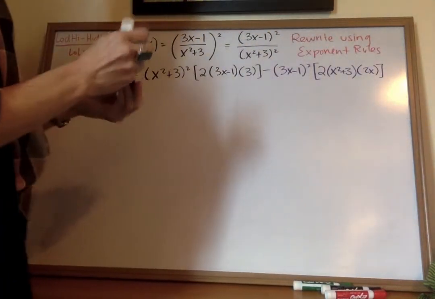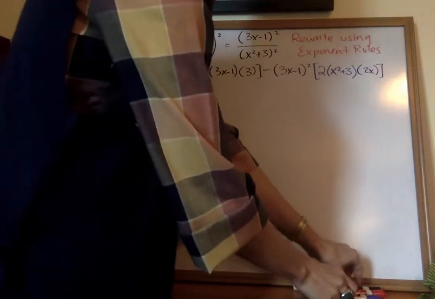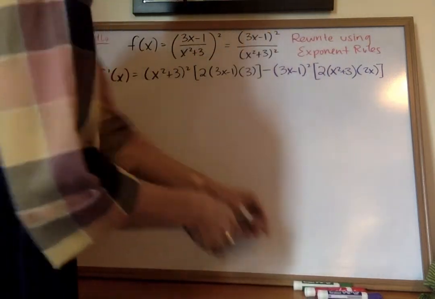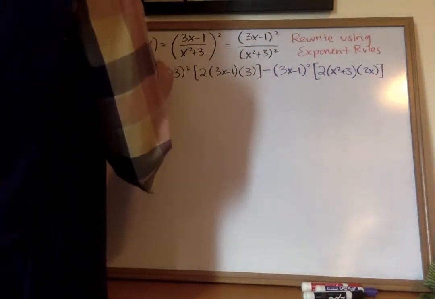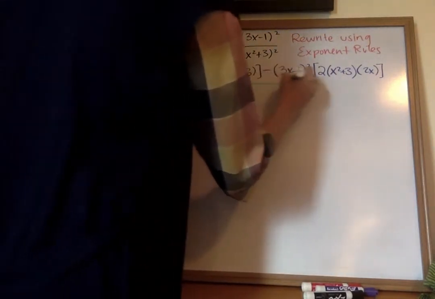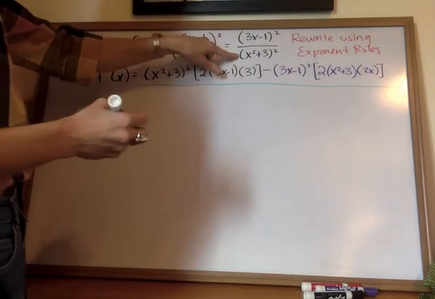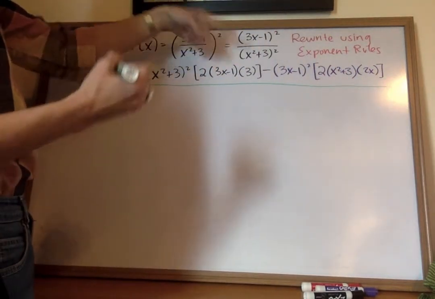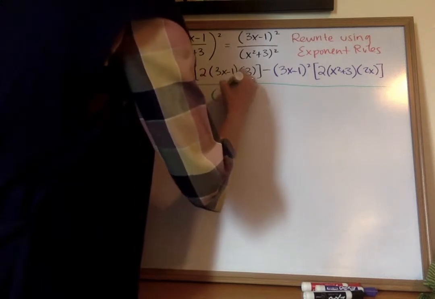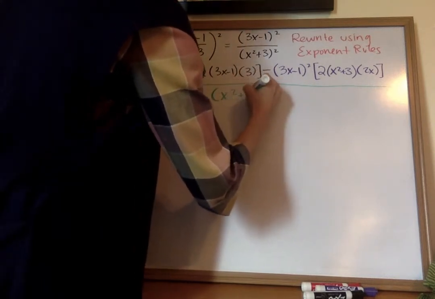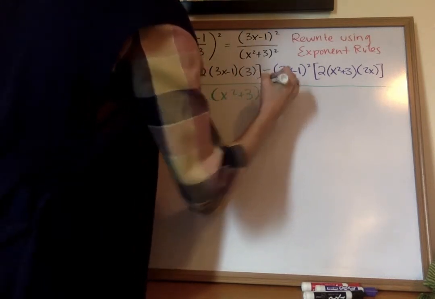And that's all going to go over low, low. That is my denominator. I'm going to use a different color. And that is going to be (x squared plus 3 squared) squared, so that will be x squared plus 3 to the 4th.